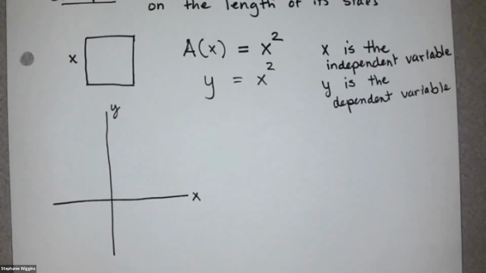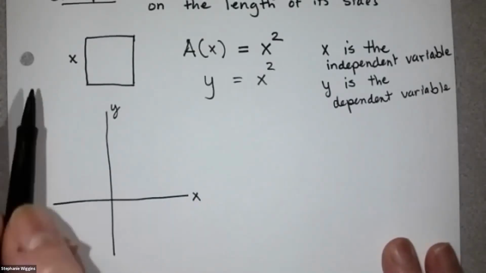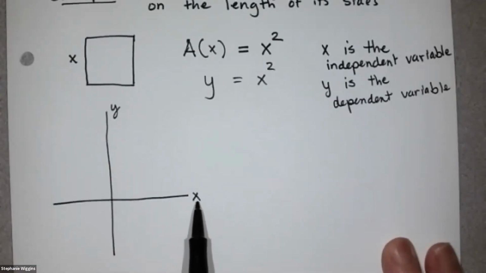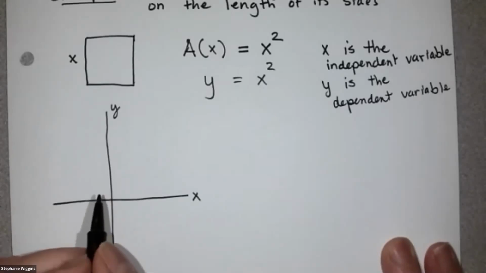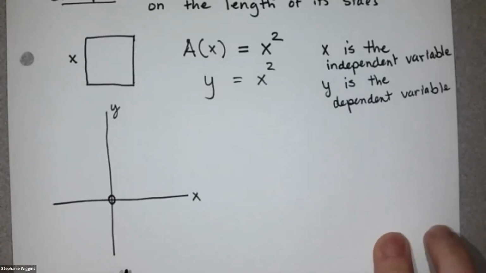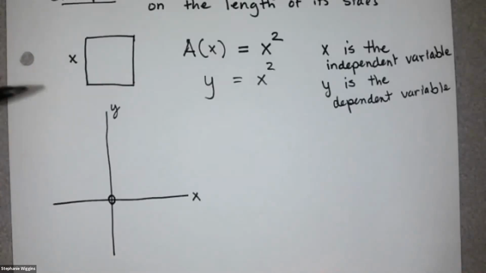So we have to exclude 0 and all negative numbers. Now, I'm talking about x, right? x is where we have to exclude the negative numbers and 0. So I'm going to use a circle to show that I'm not including 0. And I'm going to plot these points.